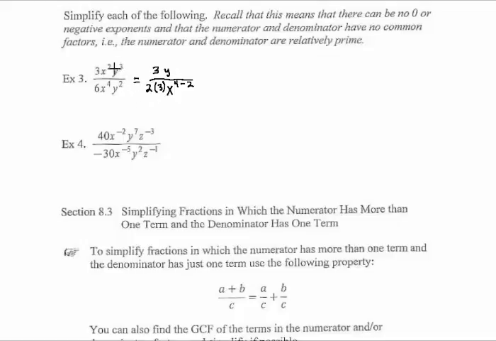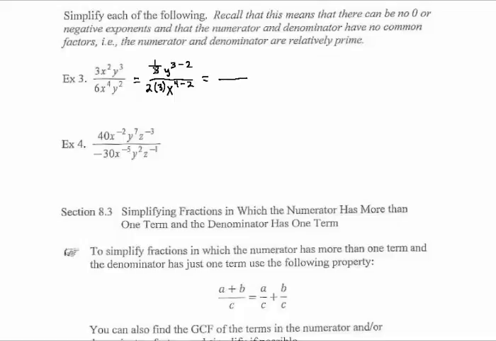Now for the y, the larger exponent is attached to the y in the numerator. So we keep the 3 and we subtract the 2. We subtract the smaller one from the larger one. And so now the way we have this set up, we shouldn't get any negative exponents that we have to deal with.